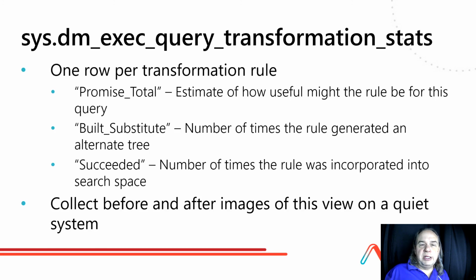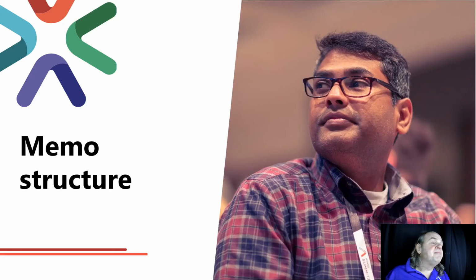They're kind of short abbreviations that sometimes you have to really work to make sense of. Basically, though, this DMV is going to tell us how many times that particular rule was attempted to be incorporated into a query, and give us some information about that. So again, some very interesting information.